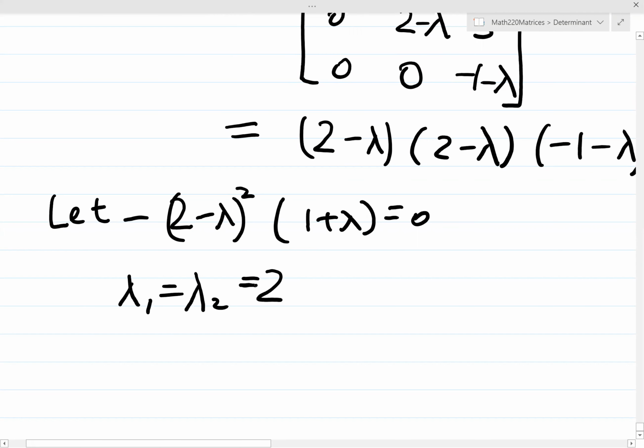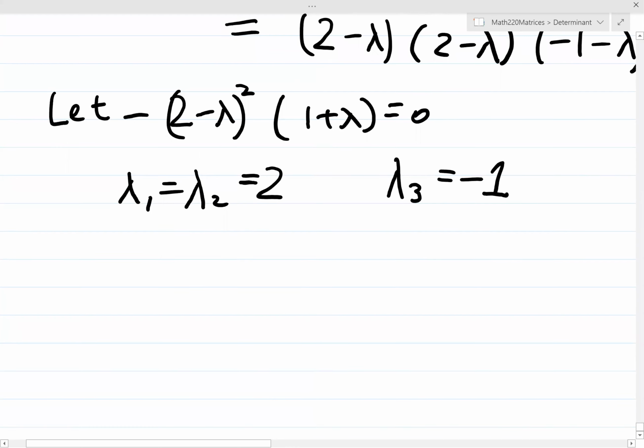So here we have multiplicity for a certain eigenvalue. Lambda 1 and lambda 2 are the same, so we have multiplicity 2 for the root 2, and lambda 3 is -1.